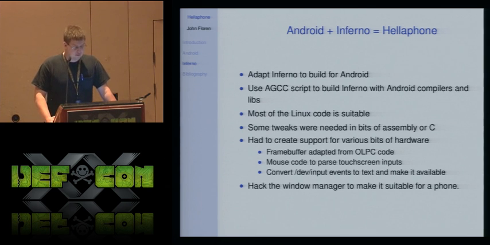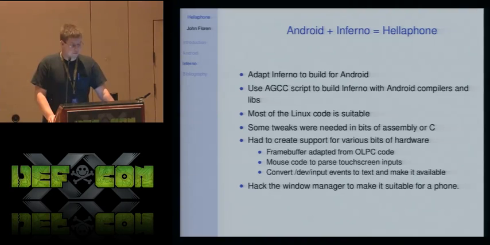And then one of the more complex things was figuring out how to parse the touchscreen inputs, because it's interesting, they differ from device to device. So you look at /dev/input/event something, and which event file it is varies from device to device. But you read it and it gives you a bunch of binary, and the format's going to be a little bit different based on which device you're looking at.